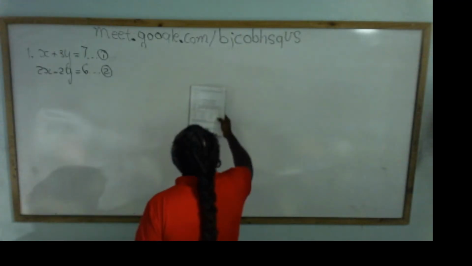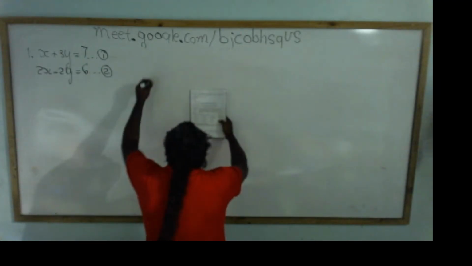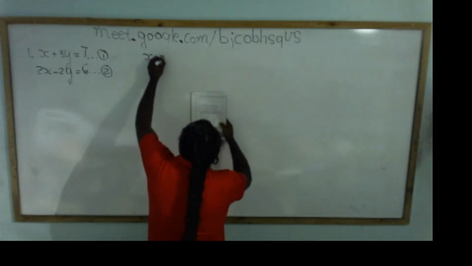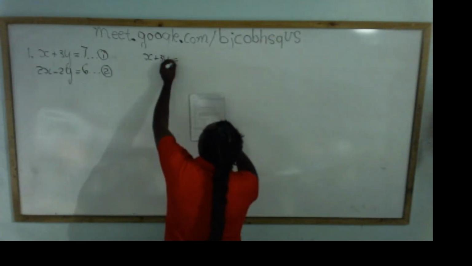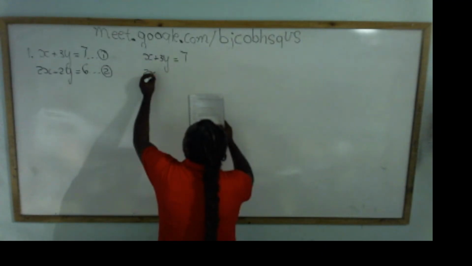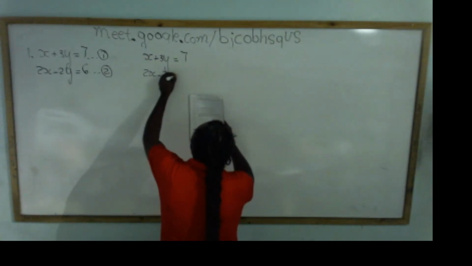Alright, since we're going to take more than one approach, I'm going to put another one up there. The same thing: x plus 3y is equal to 7, 2x minus 2y is equal to 6.